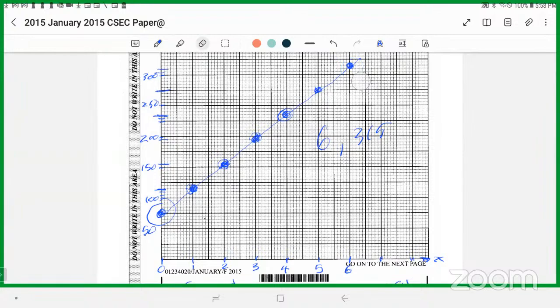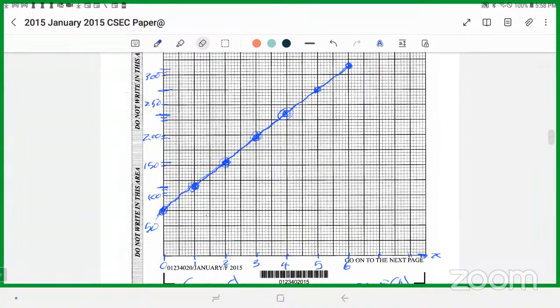Let me draw it through. This is a straight line through here. Use a ruler, don't draw it freehand. That is the line. All right, that's it. Draw it with a ruler, please.